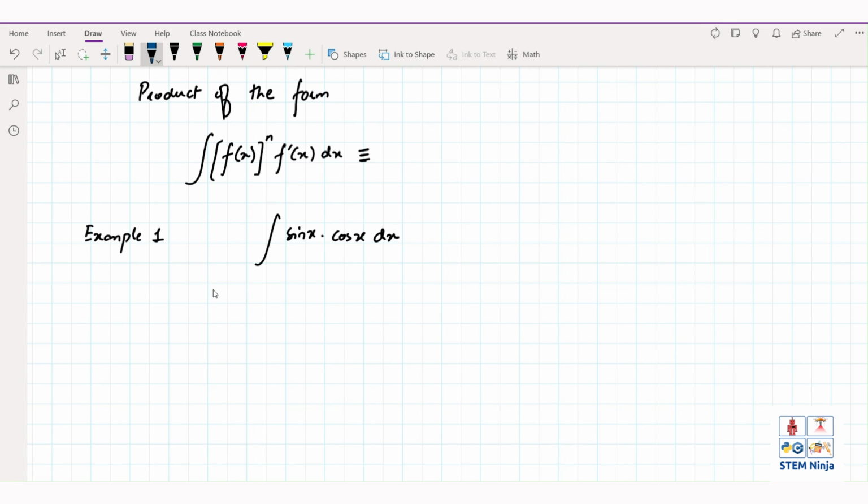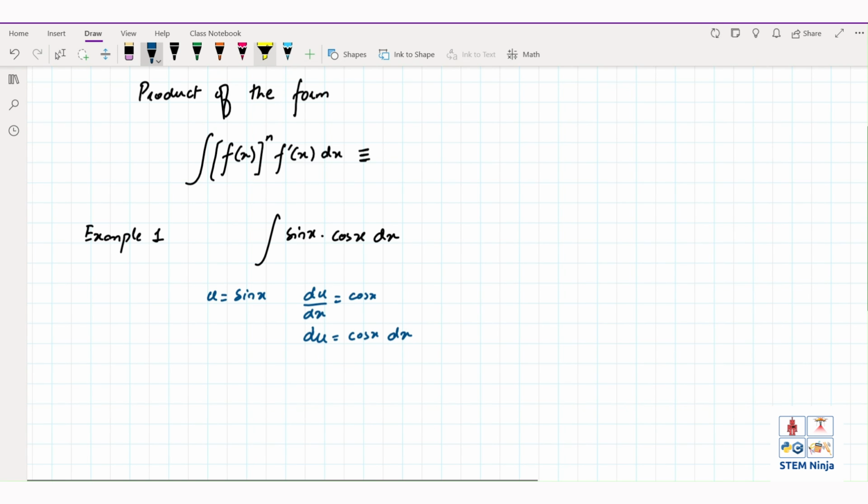So for example, if we take u as sine of x, we get du over dx as cos of x, which means that du is cos x dx. This is what du is, and this is our u. So we rewrite this integral as u du.